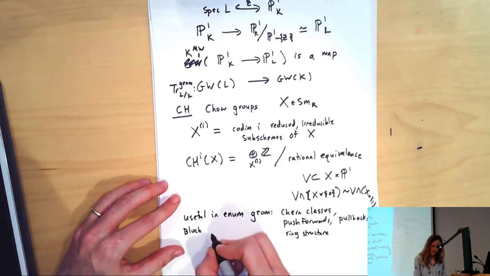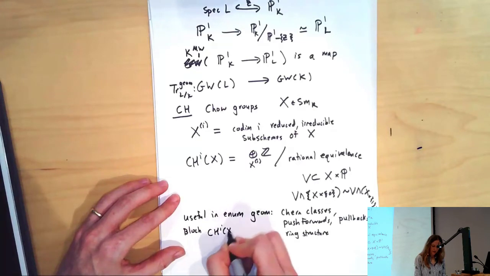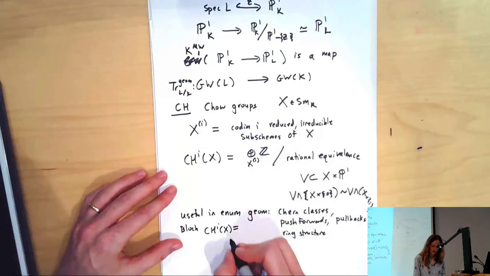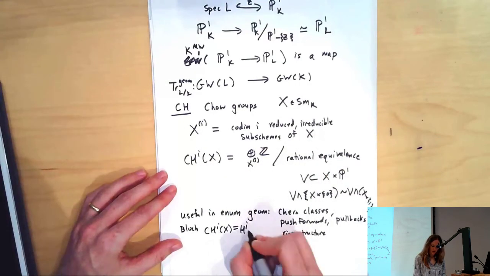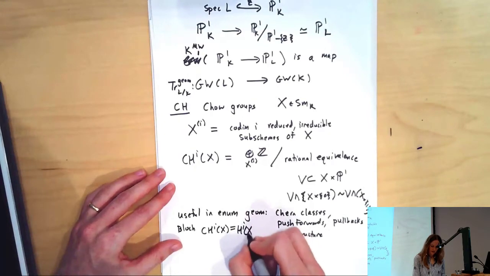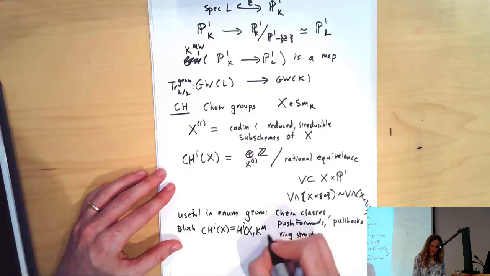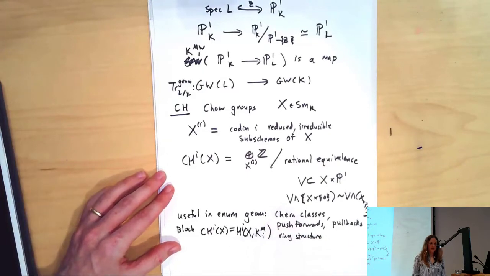due to Bloch that says that the ith Chow group, in addition to being a motivic cohomology group, is the Nisnevich cohomology of X with coefficients in Milnor K theory.